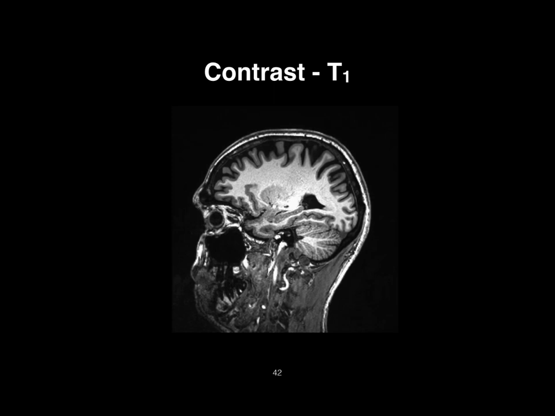Okay, and these are the kinds of images that we get from a T1 weighted image. In this signal here, the white matter has a relatively short T1, so it's brighter by the time we image, and the gray matter has a longer T1, so it's still a little bit darker at the parameters that we're using for this experiment.